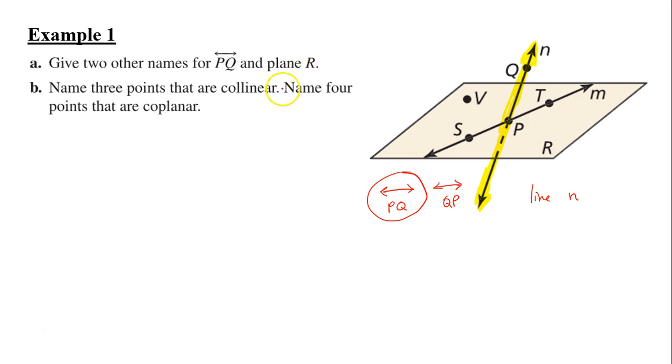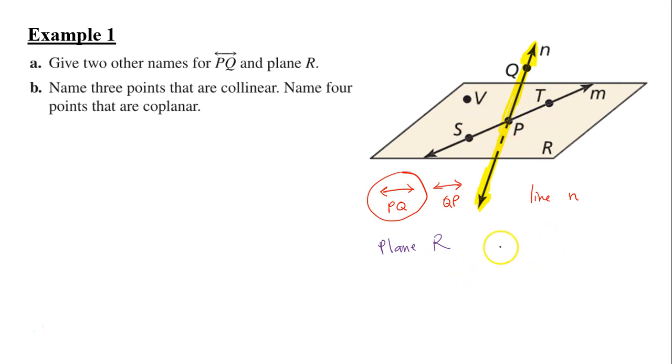For plane R, we've got plane R. We could call it plane, let's see, Q is not on it, but any of these other points, S, V, P, and T, but we can't use S, P, T because they're collinear. So V with any other 2 of these points would be a good way to name it.